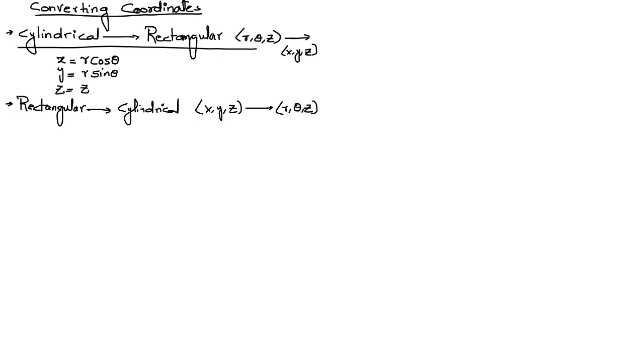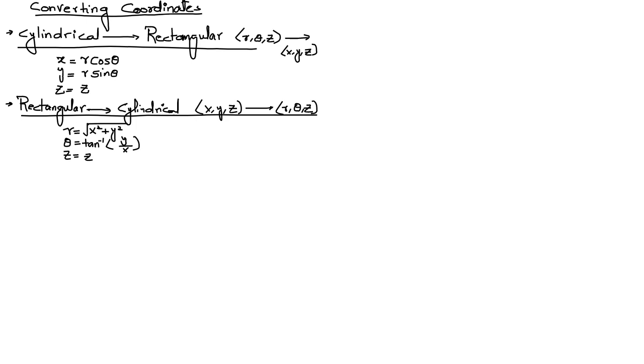So which formula will you use? r is equal to the square root of x squared plus y squared. And theta is equal to tangent inverse of y over x. And z is equal to z. So this is the formula when you want to change the rectangular coordinate into the cylindrical coordinate.